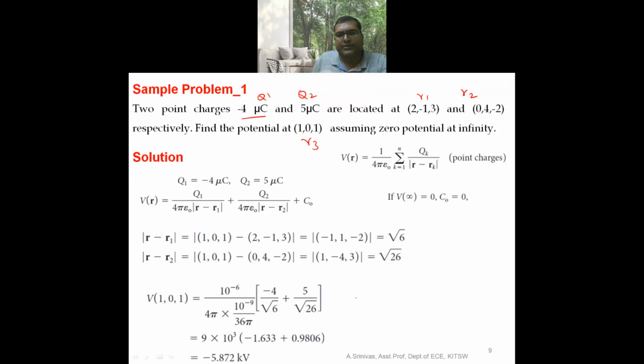You can refer to the formula V is equal to 1 by 4 pi epsilon, summation k from 1 to n, qk by modulus of r minus rk. Here you can consider this point as r. For two point charges, the value of k is from 1 to 2. You can substitute in the formula to get the value of potential.